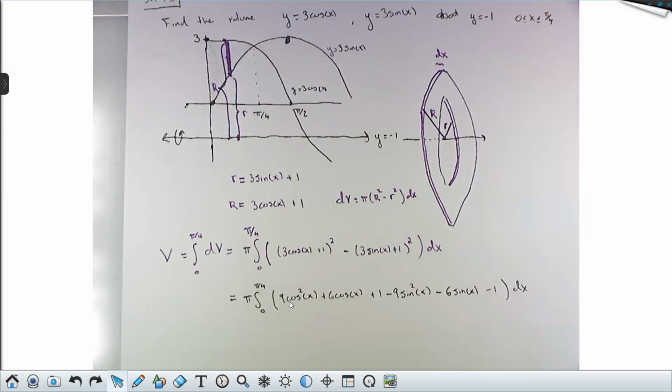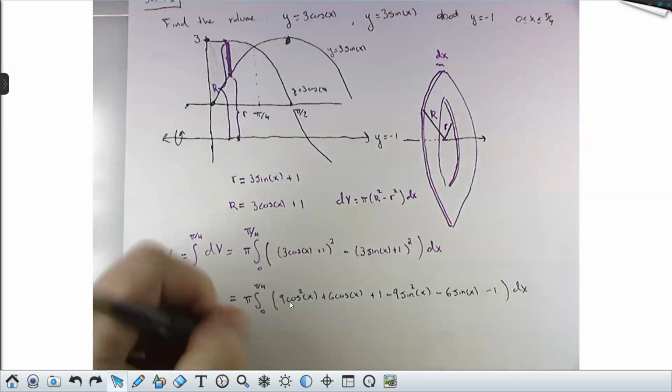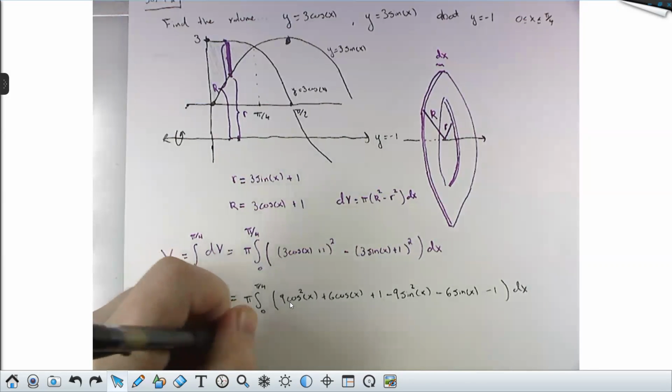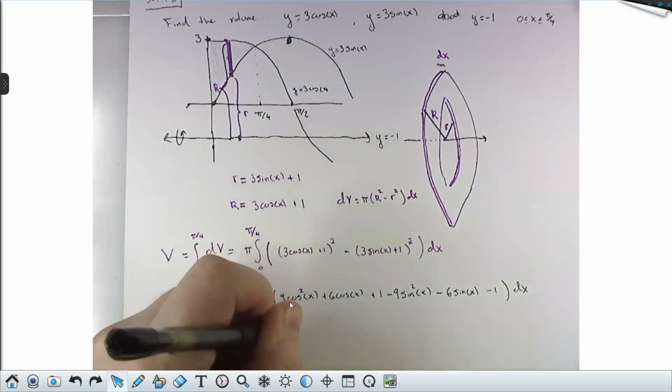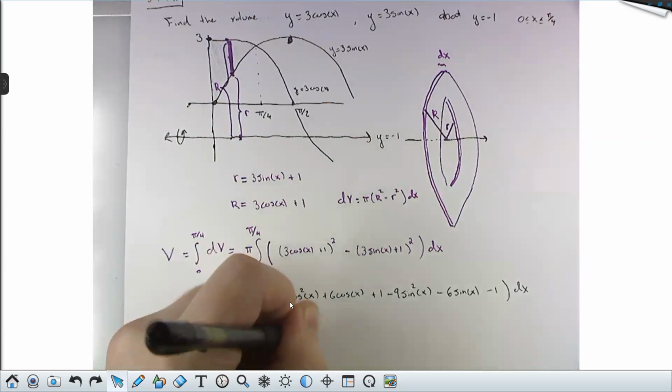The ones go away. The 6 cos x and 6 sin x are easy enough to manage. What about the 9 cos squared minus 9 sine squared? I see two ways to manage the harder parts of this integral. Let me show you a slick trick here.